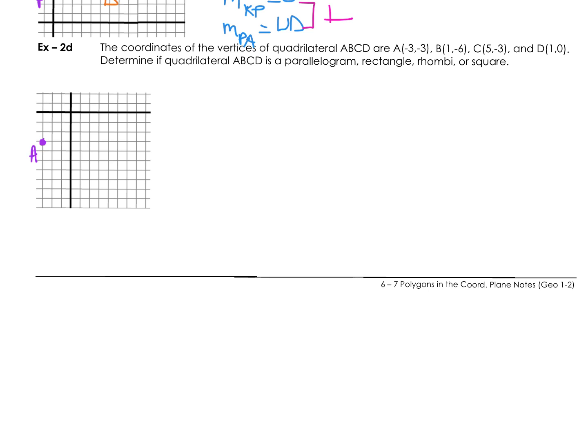And then B is right 1, down 6. And then C is right 5, down 3. And then D is right 1, up nothing. And we're going to connect those with a straight edge.